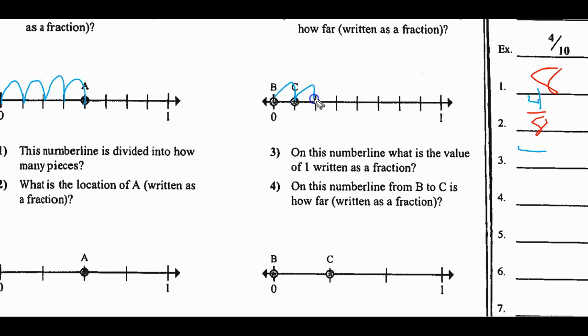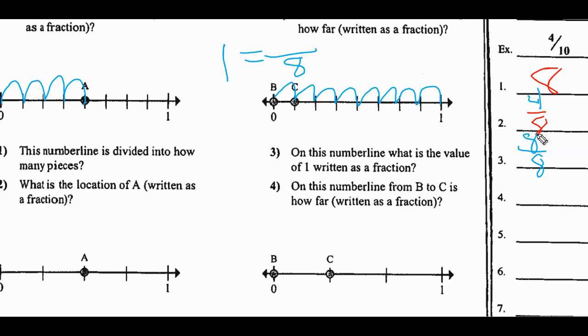Yeah, if I just went 1, 2, 3, 4, 5, 6, 7, 8. So how do I write 1 as a fraction with my denominator 8? What should be at the top? Hopefully you remember what equals 1. 8. When my numerator and denominator are the same, they equal 1.